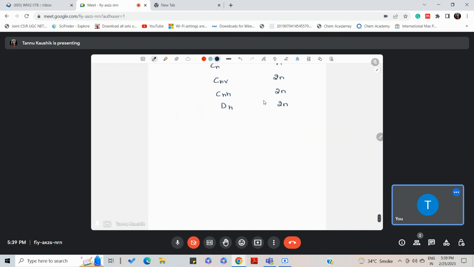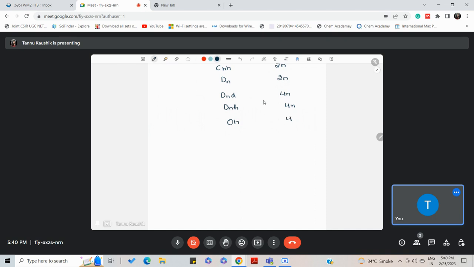Then the Dnd point group and the Dnh point group will have 4n order.